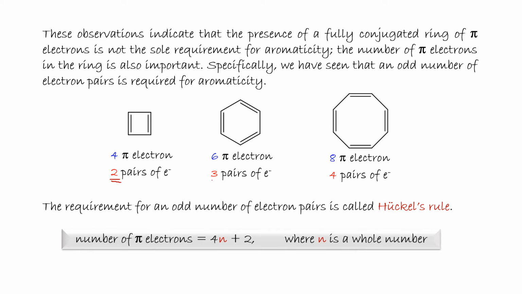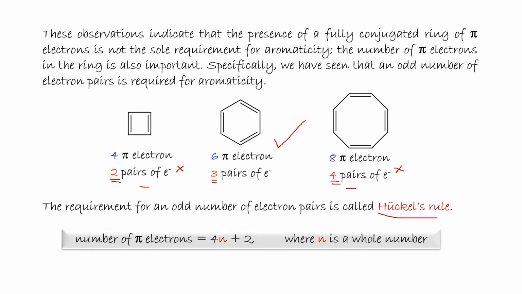When we have odd, like 3 pairs in benzene, then it's aromatic. Again, here in the cyclooctatetraene, 4 pairs of electrons is not aromatic. These two compounds did not show stability.